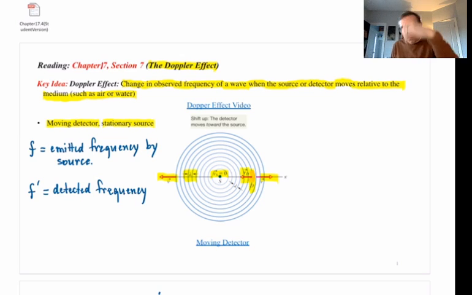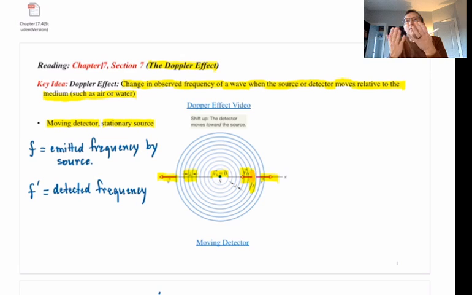But what if now, as the picture shows, the detector is moving towards the source? Well, because of that motion towards the source, the detector is intercepting more of those wave fronts per second than if the detector were just at rest.